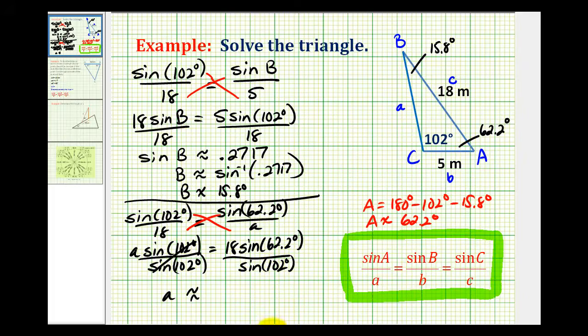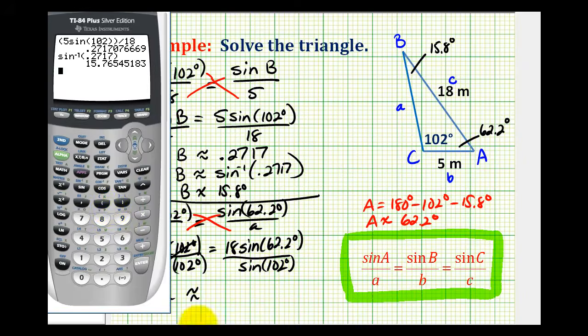So we'll go back to the calculator one more time. And our numerator is 18 times sine 62.2 degrees divided by sine 102 degrees. And so the length of side A is approximately 16.3 meters.